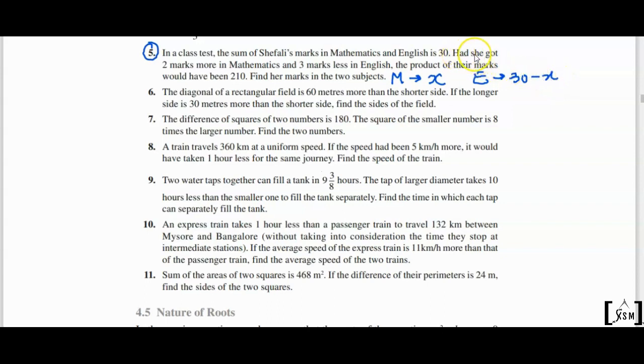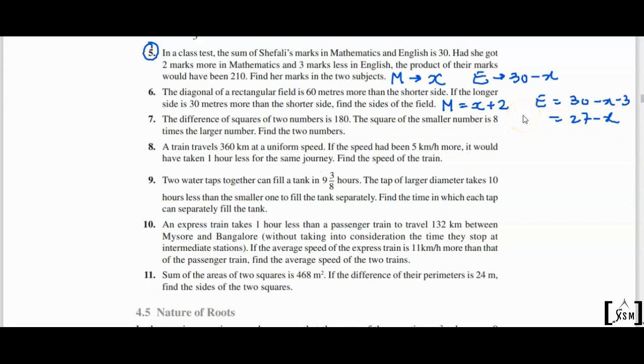Okay. Now the condition is, had she got 2 marks more in maths, okay. So we have a new condition. If maths marks is 2 marks more, so x plus 2, and 3 marks less in English, so 30 minus x minus 3, which means 27 minus x, right?